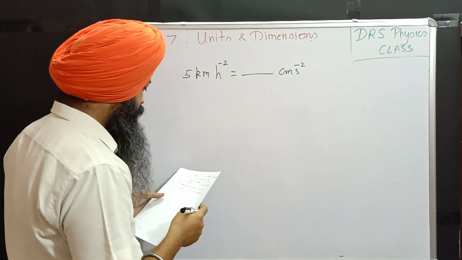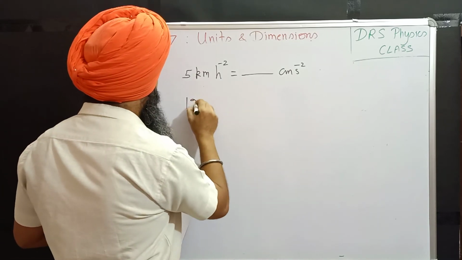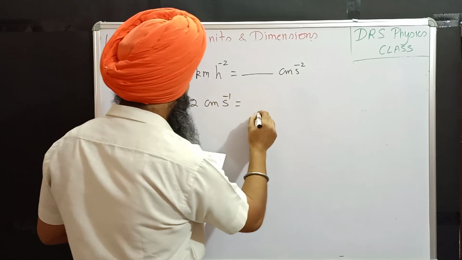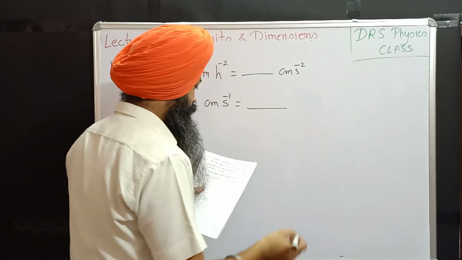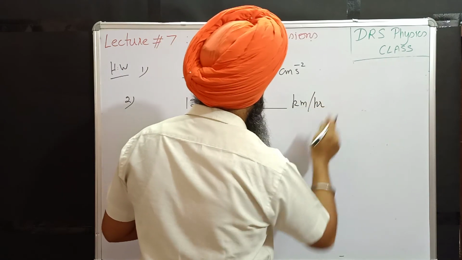Second one here is: velocity of 12 centimeter per second is equal to dash kilometer per hour.